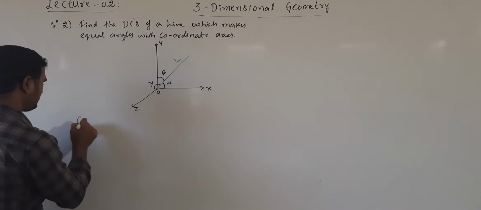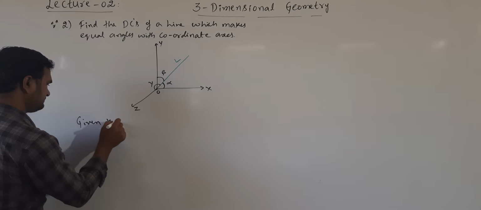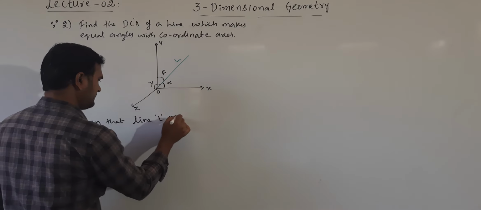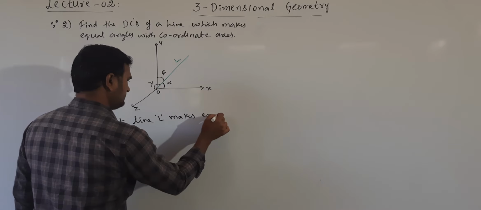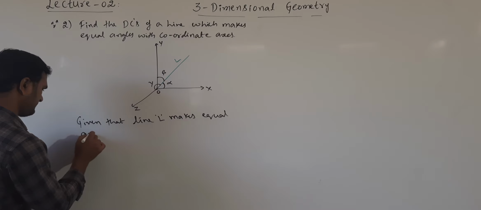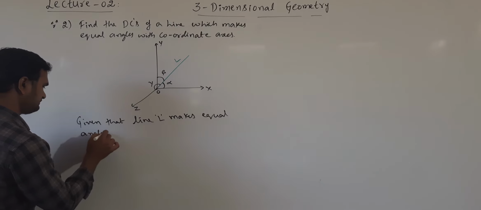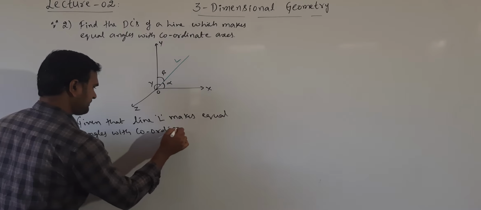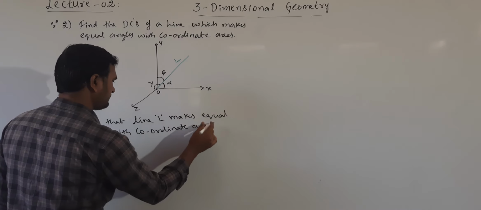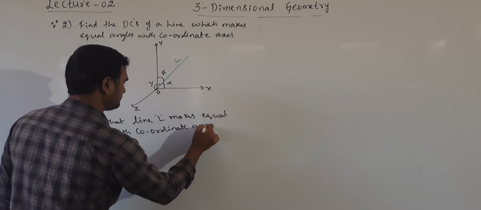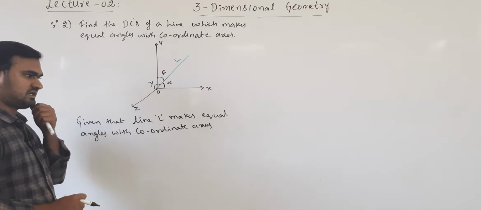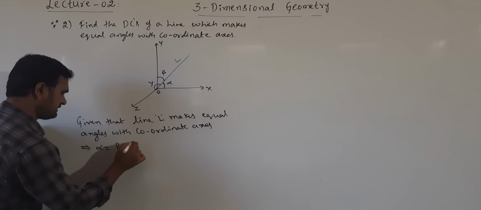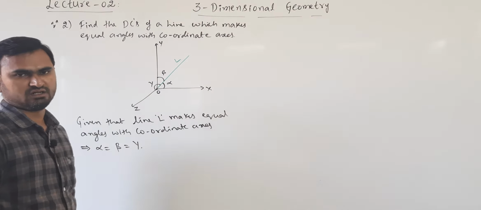Here it is given that line L makes equal angles with the coordinate axes. A line making equal angles with the coordinate axes implies alpha equal to beta equal to gamma, so all three are equal.